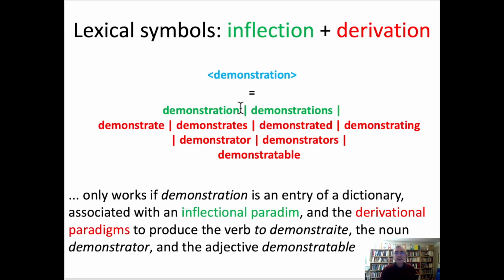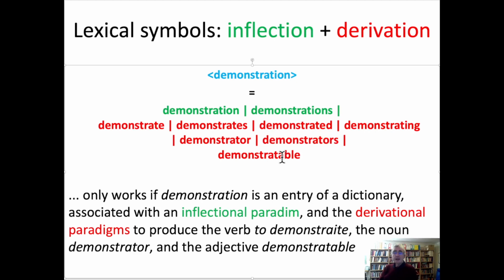For example, in that case, if you type in demonstration, and let's say demonstration is a lexical entry in a certain dictionary, and in this dictionary you have associated the lexical entry demonstration with its singular form and its plural form, but also with, for example, the verb to demonstrate, and its inflected forms, demonstrated, demonstrating, and why not, another nominalization, demonstrator, demonstrators, and why not the adjective demonstratable.